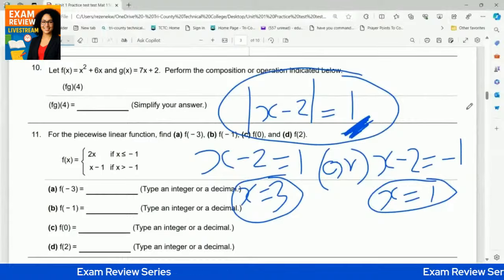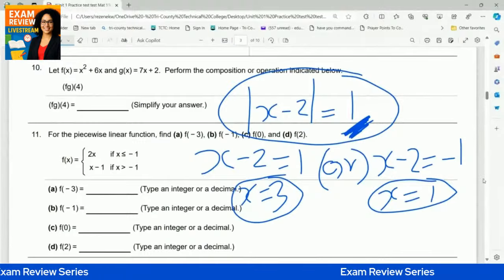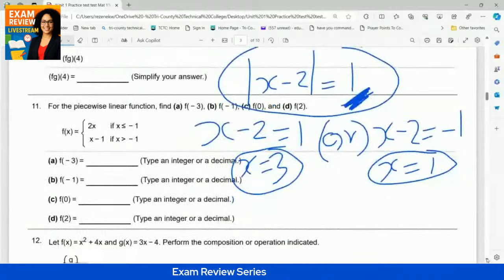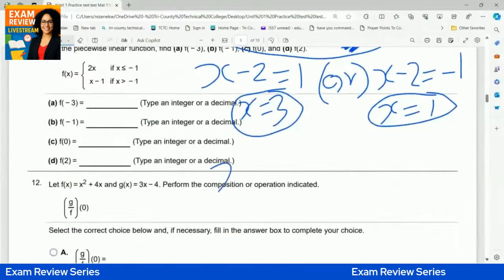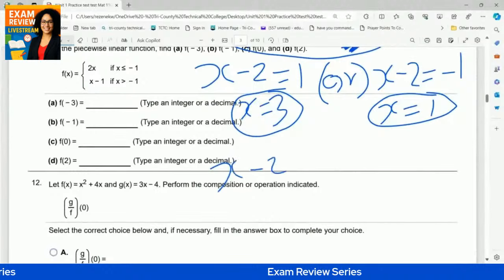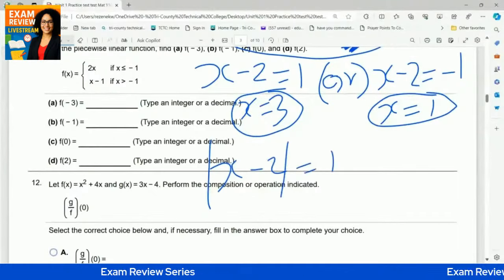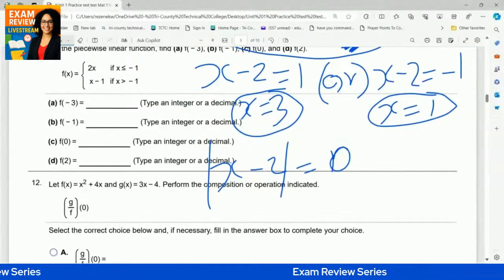Also, I can be told to transform an absolute value function into a piecewise defined function. Again, suppose I have the absolute value of x minus 2 is equal to 1. Now I can rewrite it, or I can just say it's equal to 0. Let's just write it like this. I can rewrite it in a piecewise defined function.